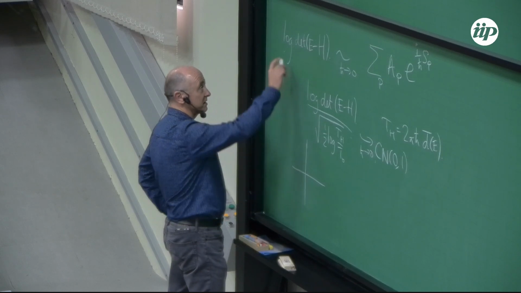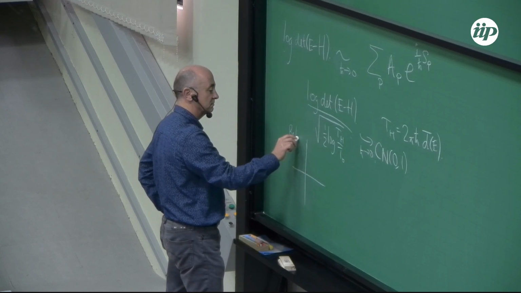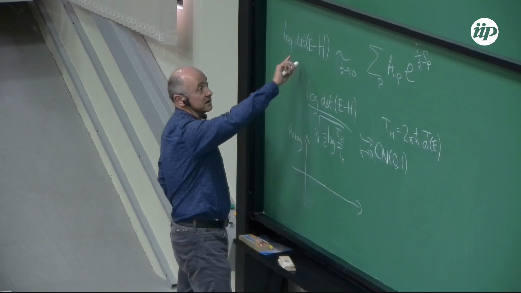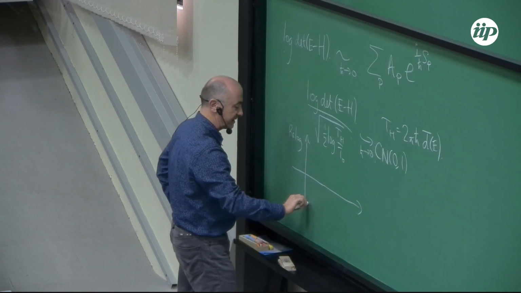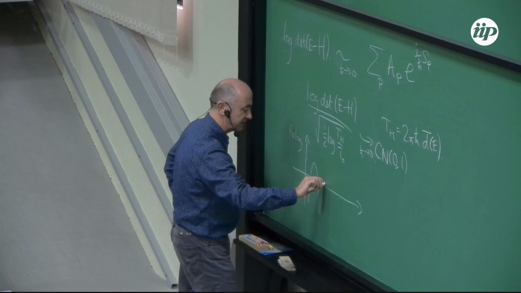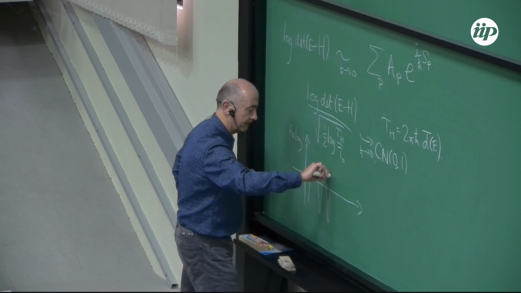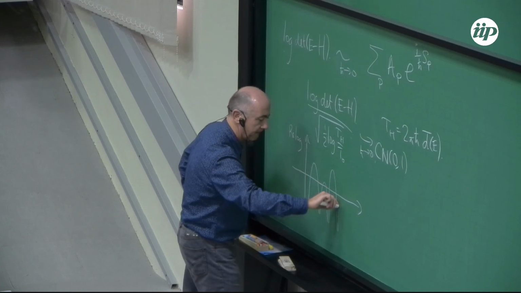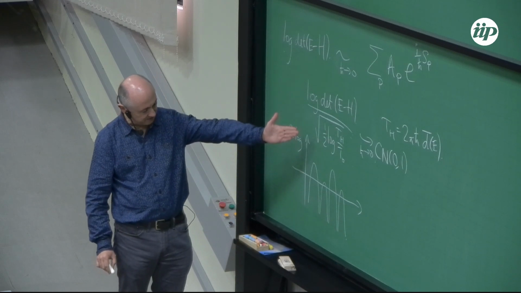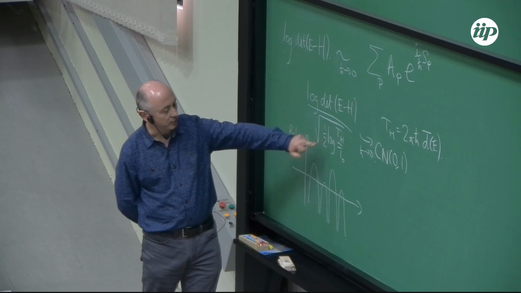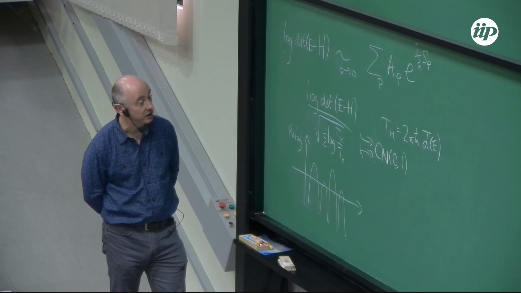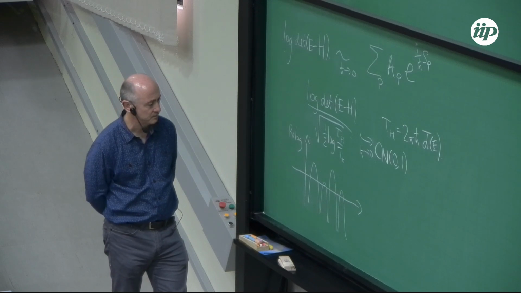So if I plot the real part of the log, it's a function which has logarithmic singularities at the energy levels, etc. And it tells you that this function, when appropriately normalized, has a Gaussian value distribution, and the same for the imaginary part.